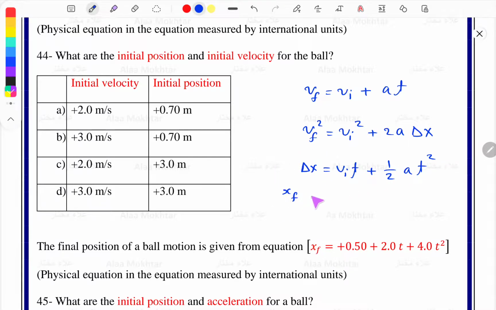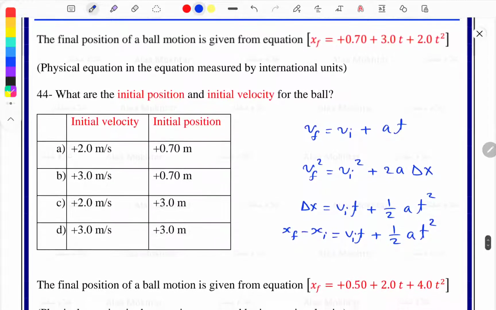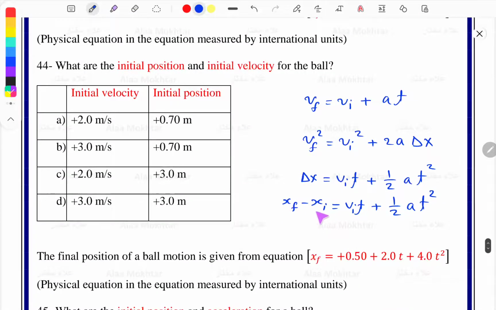And this delta x is X final minus X initial, equal to V initial t plus 1/2 a t squared. Is it correct? Yes. We can take the X initial position to the right side, and it will be positive, so X final equals X initial plus V initial t plus 1/2 a t squared.